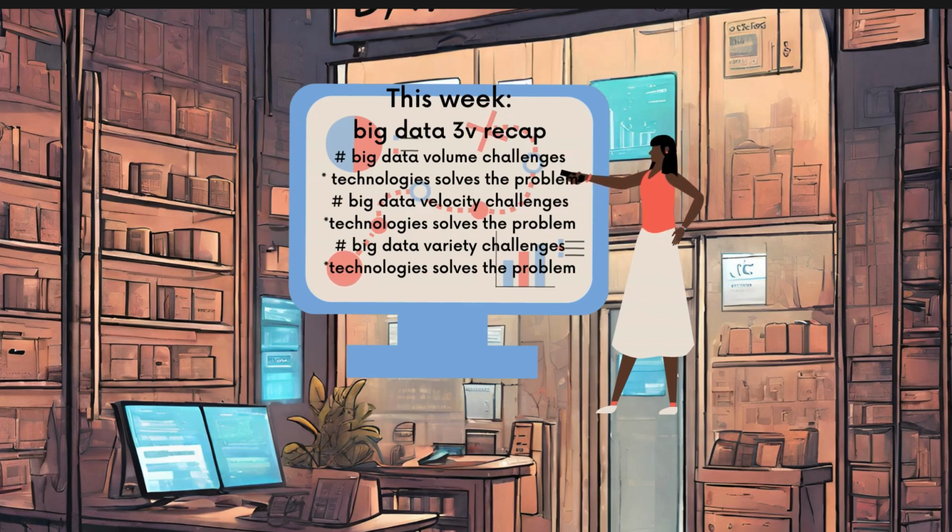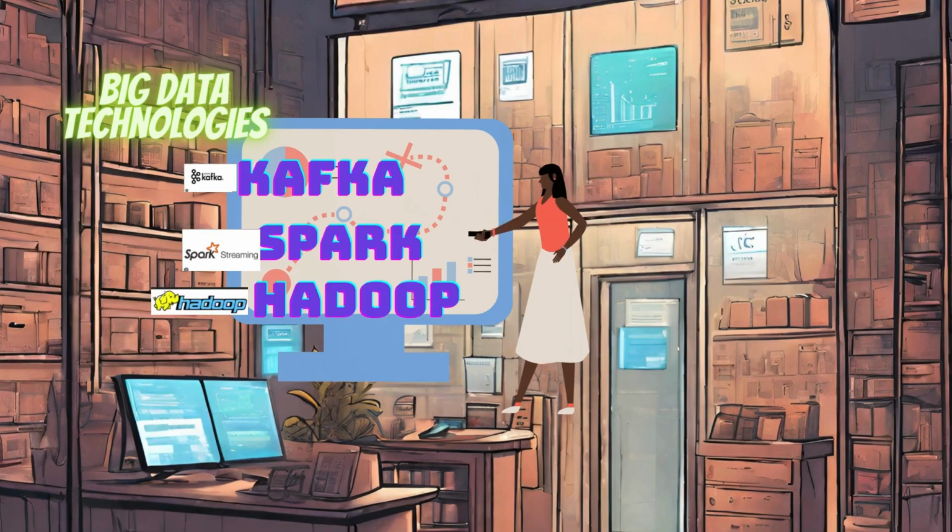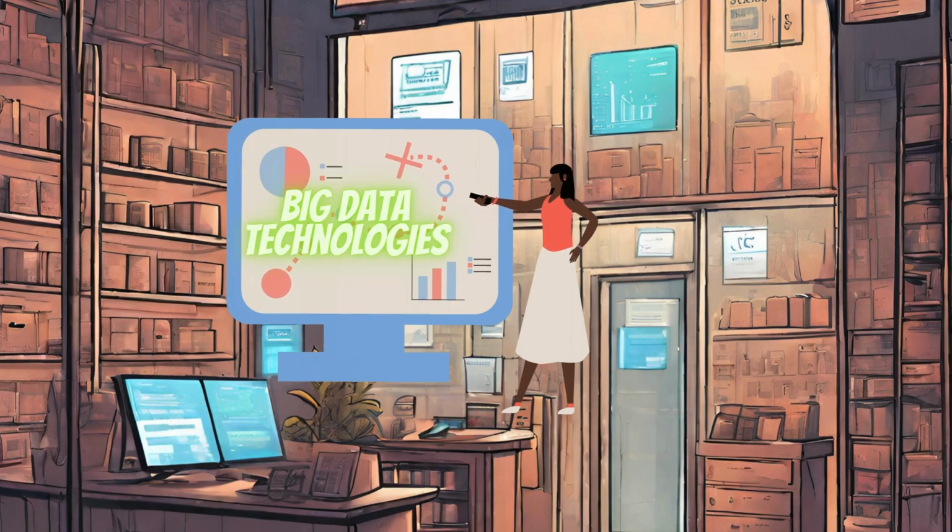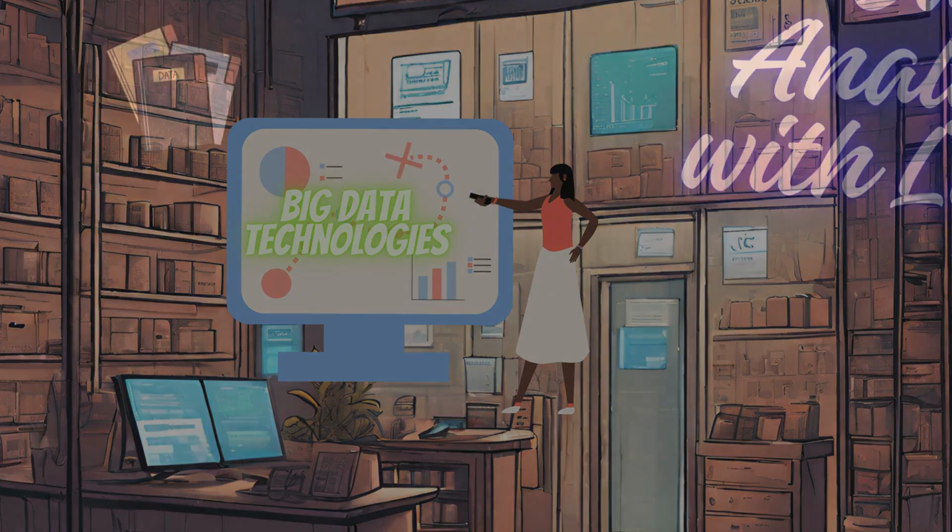For each challenge, we'll explore the technologies used to address these issues, like Kafka, Spark, and Hadoop. This approach helps us learn not just about the technologies themselves, but also why they are pivotal in managing big data effectively. So, stay tuned and let's begin our insightful journey together.